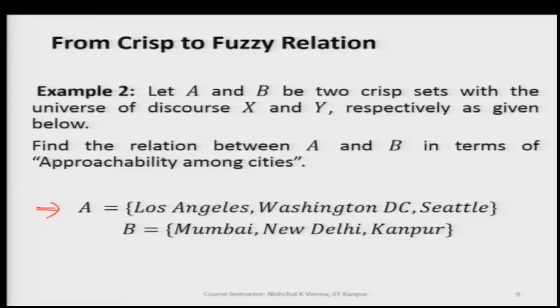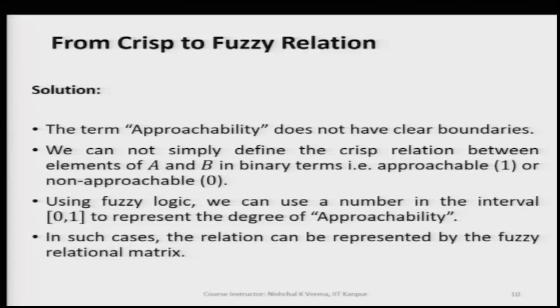The crisp set A here is the set of cities from US, that are Los Angeles, Washington DC, Seattle, and then we have another crisp set B, which is the set of Indian cities like Mumbai, New Delhi, Kanpur. So, here we have two crisp sets A and B. The term approachability does not have clear boundaries.